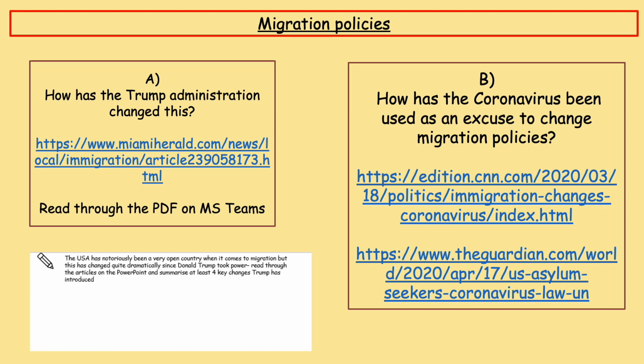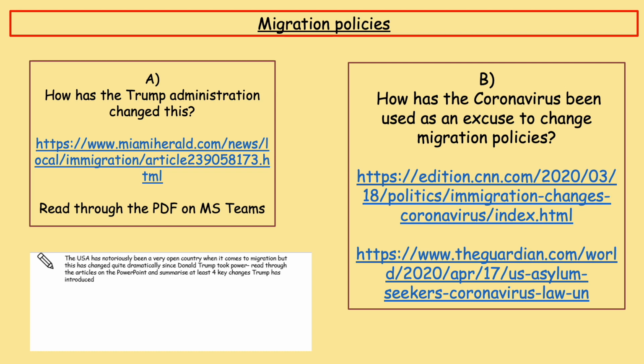And here I've asked you to go and look at 4 key websites or articles to talk about, well, how has the new Trump administration really affected migration? So part A is, okay, what were they expecting to do anyway? And part B is, well, how have they used the coronavirus as an excuse to change the migration policy?